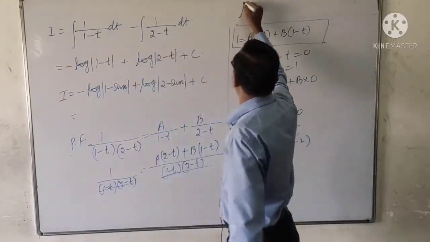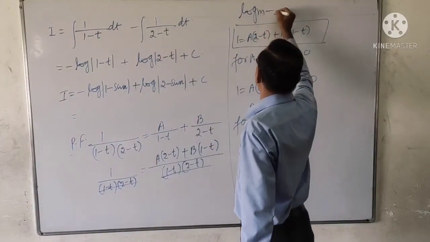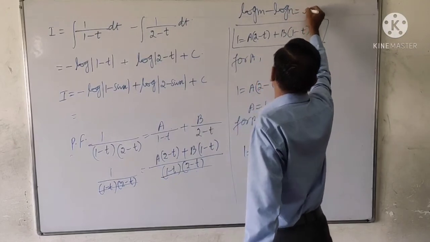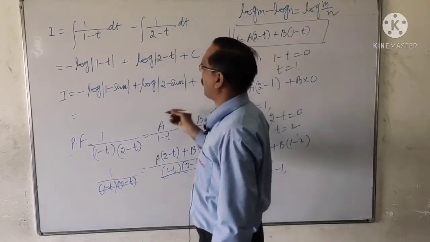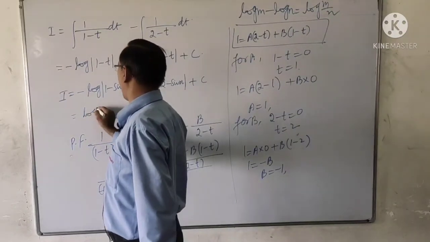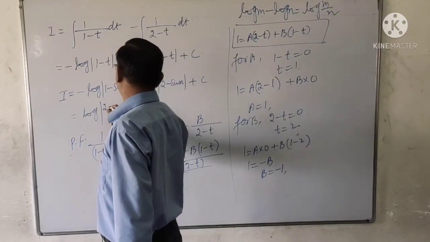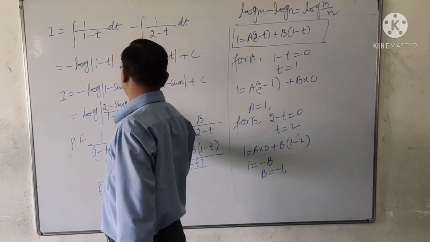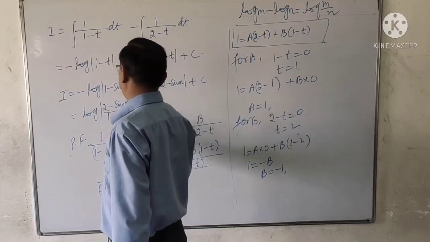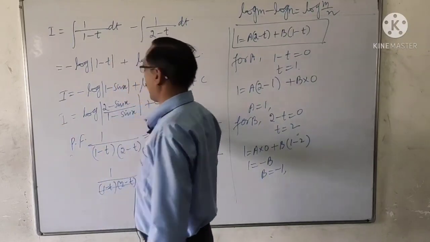There is a formula: log m minus log n equal to log m upon n. So if we use that formula, the answer will be log mod (2 minus sin x) upon (1 minus sin x) plus C. So this is the final answer.